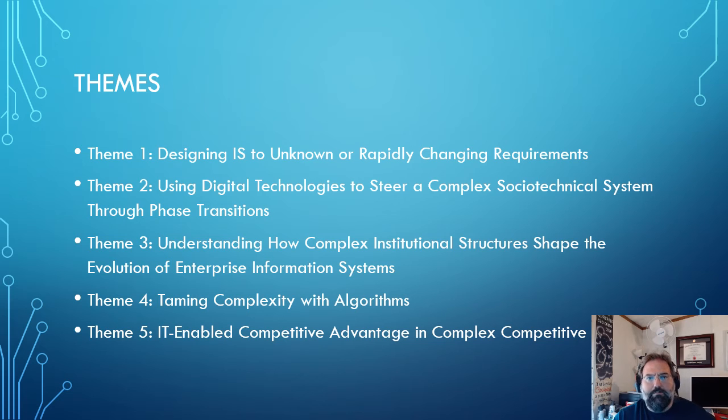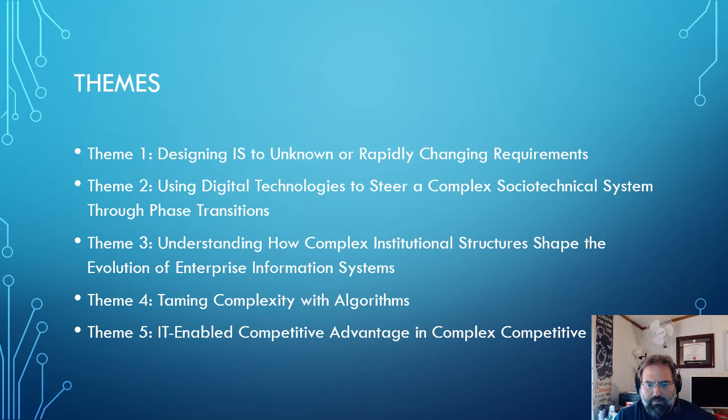And then the third theme is understanding how complex institutional structures shape the evolution of enterprise information systems. And again, these are relatively complex terms, right? So if you break down what is complex institutional structures, there's lots of different things that can be.